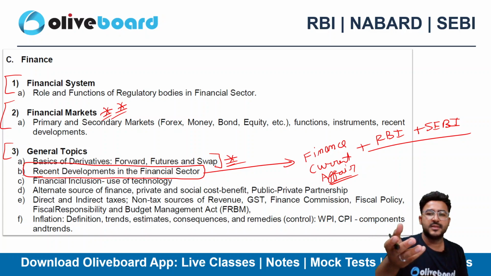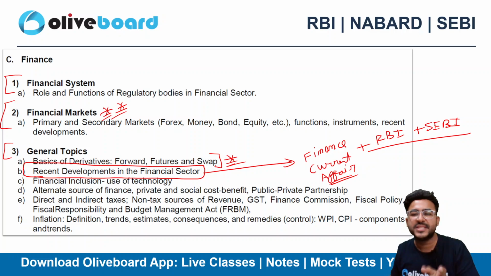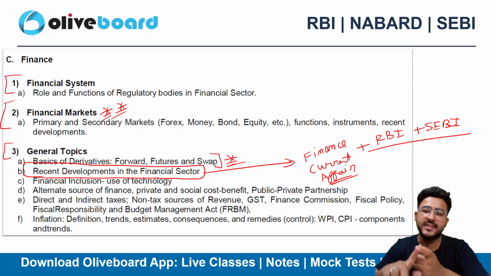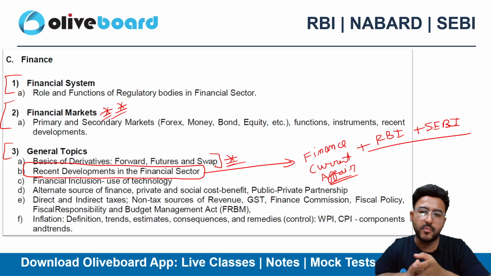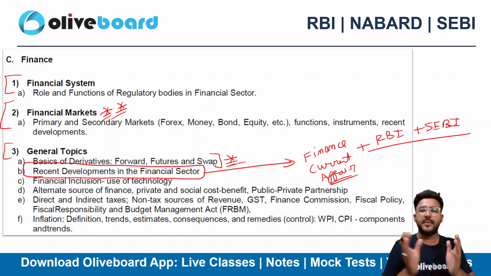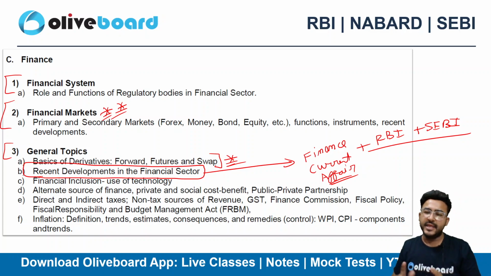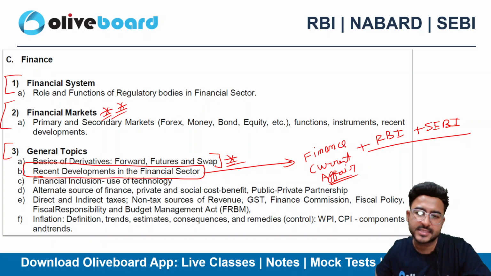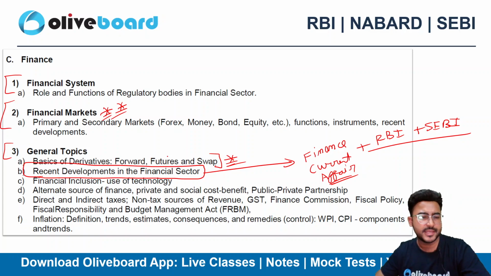Now stripping securities, separating the interest and principal component from a bond, is important for the pension sector as well, right? Because the pension sector also does invest in these stripping bonds or financial instruments, right? So this particular circular can be important, and that's how in the paid classes we are discussing in detail each and everything related to the circulars as well that can be important for the PFRDA examination, right?